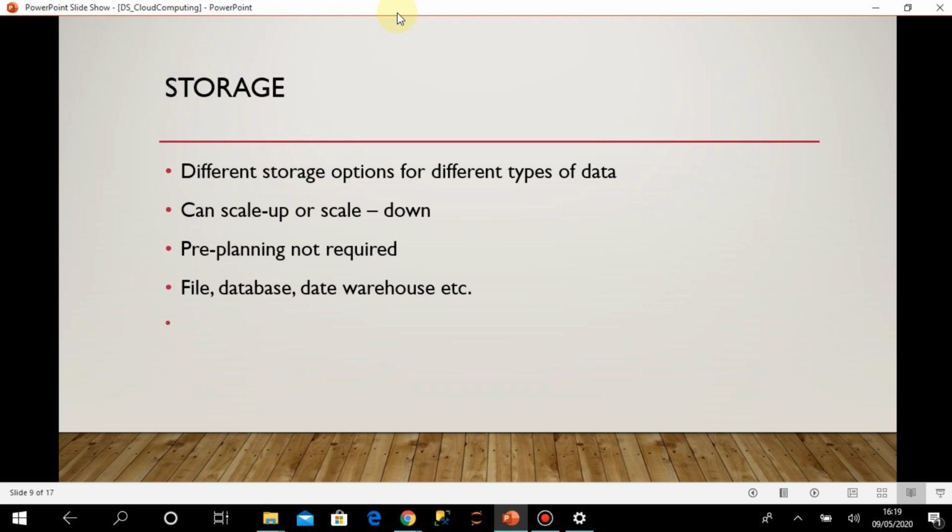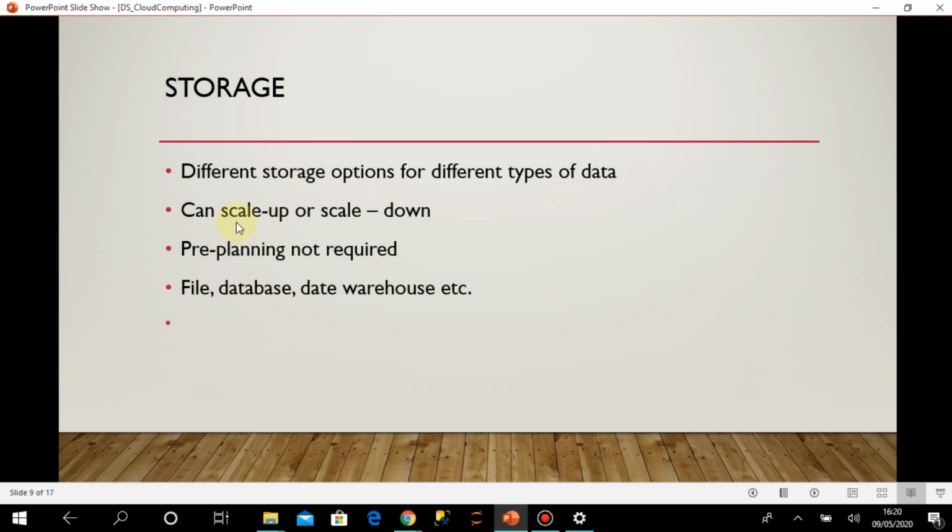I have very little data to store. Maybe I need only 500 MB. Then I can change that requirement. From the third month onwards, I will take only 500 MB of data, and I have to pay for only 500 MB as well. So that is a very cost effective solution we can go for.